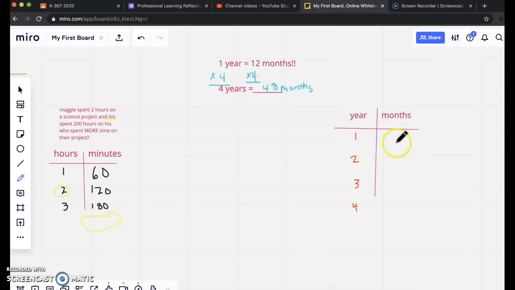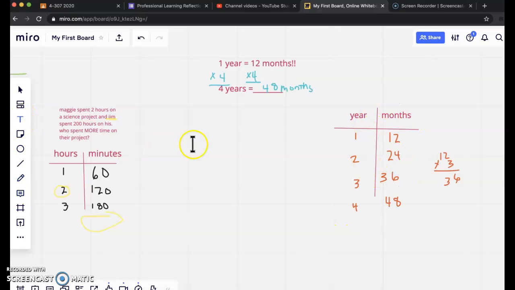All right, so 1 year we know is 12 months. We just did 4 years, 48 months. 12 times 2 is 24. 12 times 3 is 36. Right? So now we have this chart.